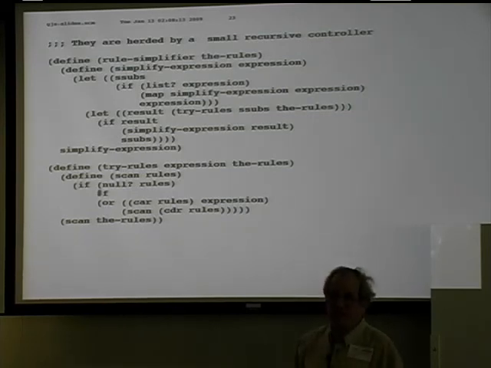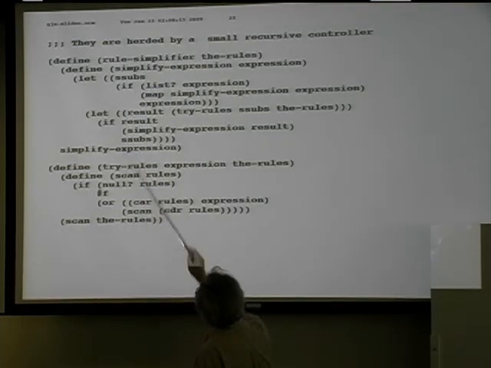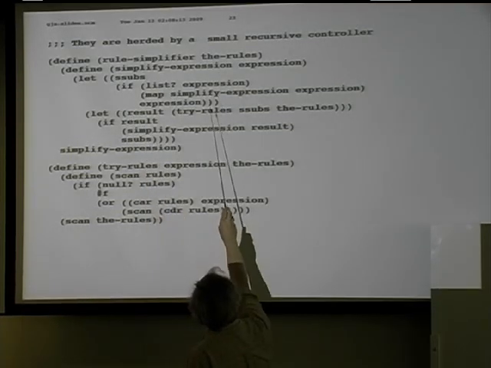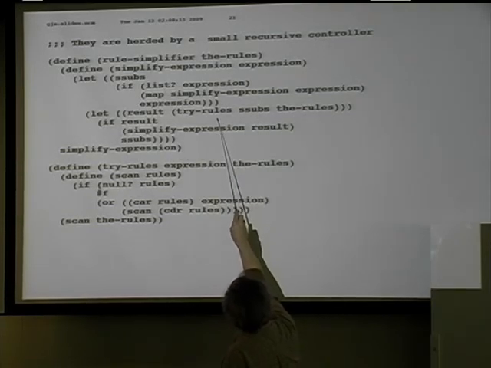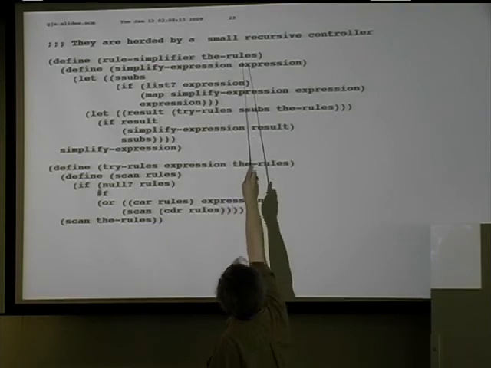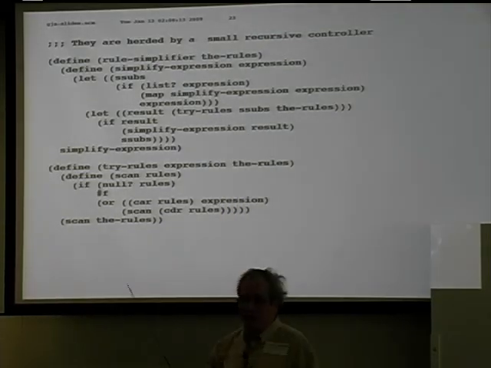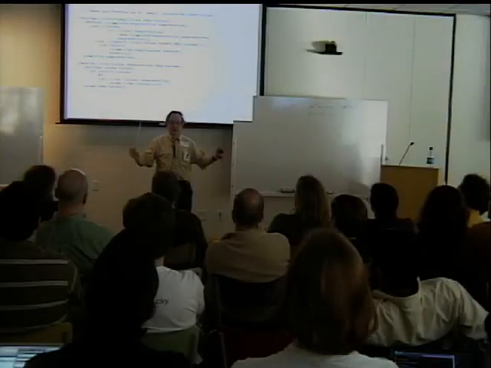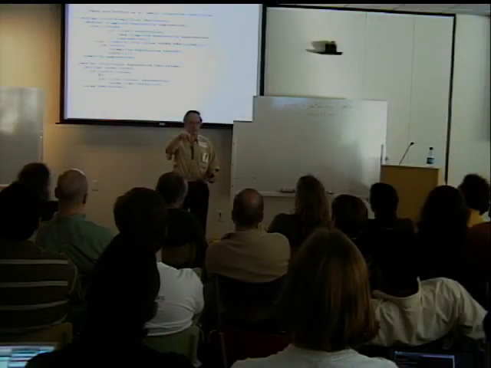And there it is. That's what that is. And then out of that, I'm going to try all the rules that I was given on the new expression, which has all sub-expressions simplified. So I'm going to be simplifying from the bottom up.